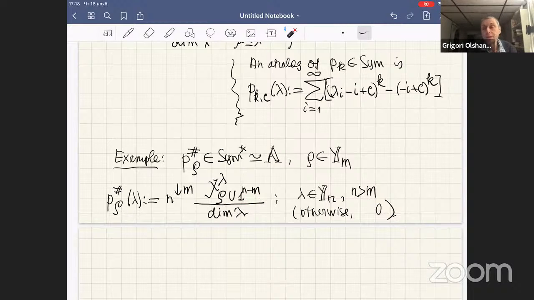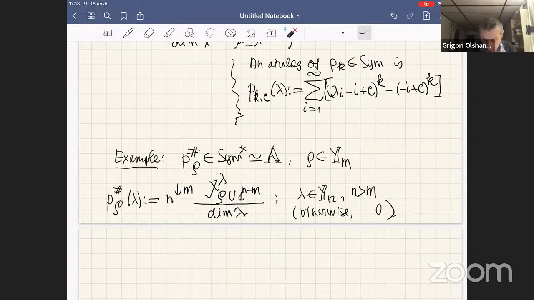Okay, and this corresponds, in terms of characters, if you adopt the realization of this quantity as symmetric group characters, to the following: when we embed the symmetric group of degree m into the symmetric group of degree n in a natural way.